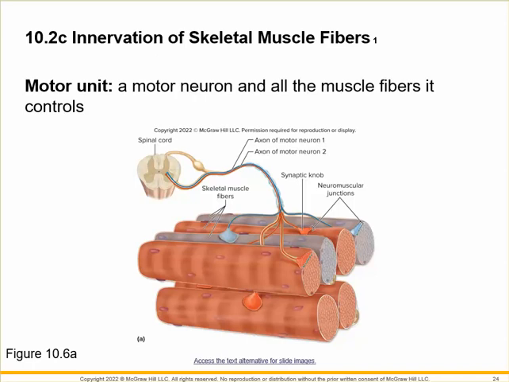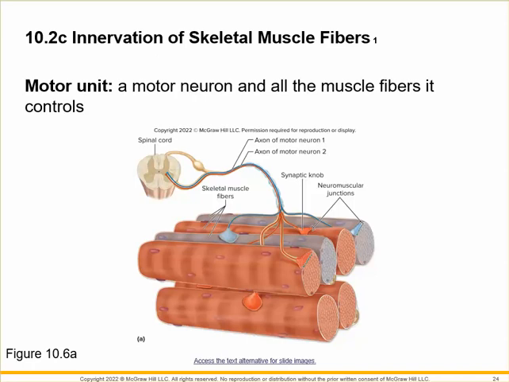We call the neurons that control this the somatic motor neurons, or just motor neurons, but they're really somatic motor neurons. But it would be wasteful if we had to have a motor neuron going to each individual muscle fiber, because they work together.